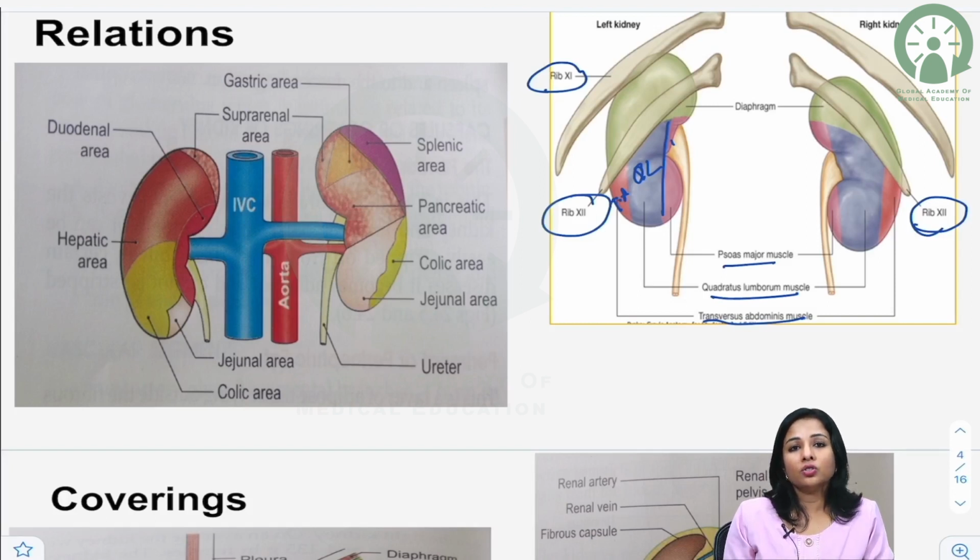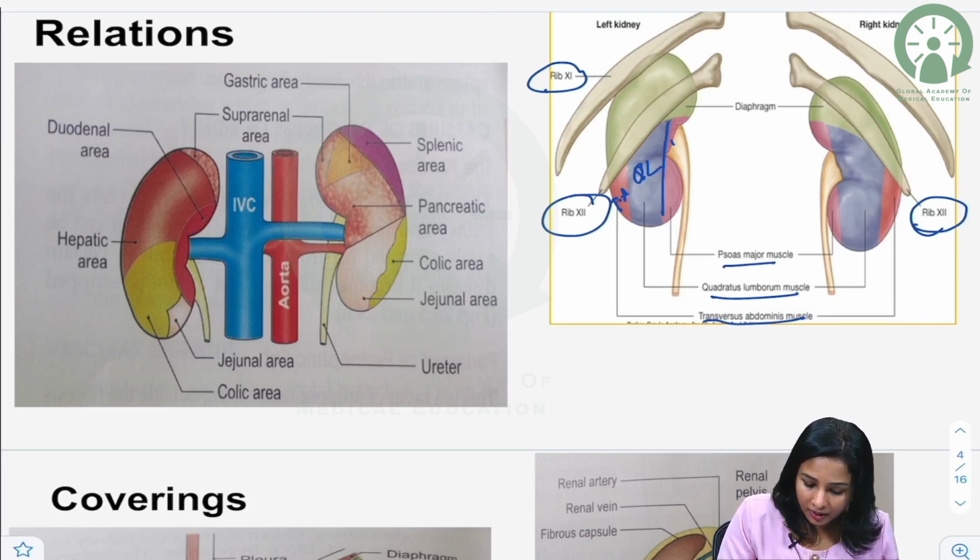Let's see the anterior relations of both right and left. So anterior relations, on the right side, we know the liver is present. Anteriorly the upper pole is related to the suprarenal gland in both right and left.